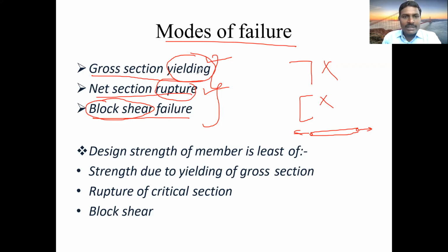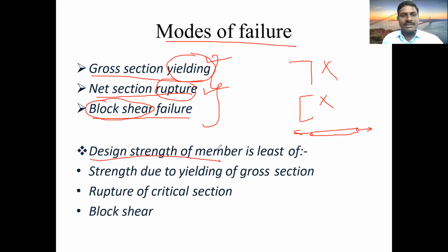And for this we are calculating the design strength. Now again come to bolted and welded connections. In bolted and welded connections, we have calculated design strength. It means what? We have calculated the strength of that bolt: strength of that bolt in shearing, in bearing, in tension.